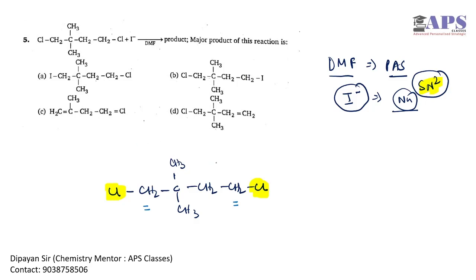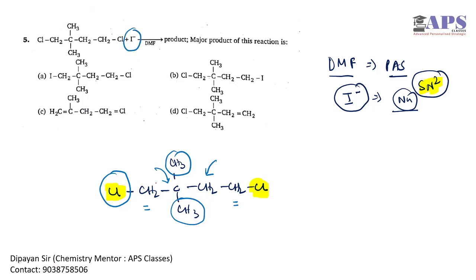So the next carbon from the right hand side is CH2 and the left hand side is C substituted by 2 methyl. So methyls are very sterically hindered. Okay, so if 2 methyls are present, this left carbon will give a huge steric factor, and for this reason the left hand side chlorine is not going to be substituted by nucleophile iodide.